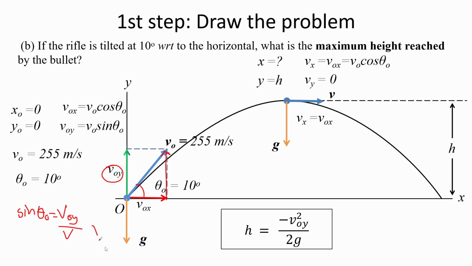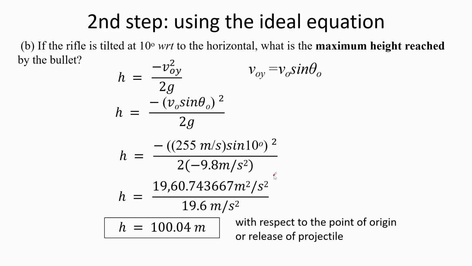So v naught y is equal to v sine theta naught. Okay? That is what goes here. So negative v naught y squared. So we square this expression and divide by 2g.